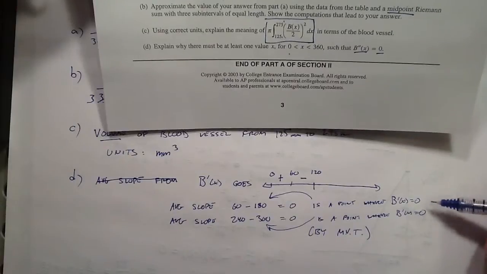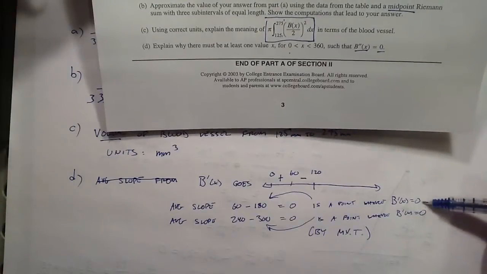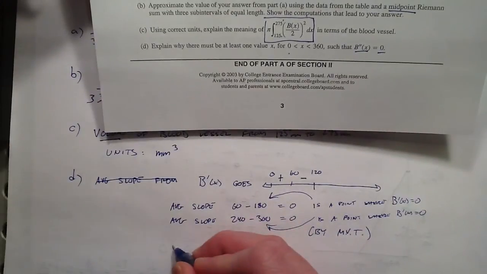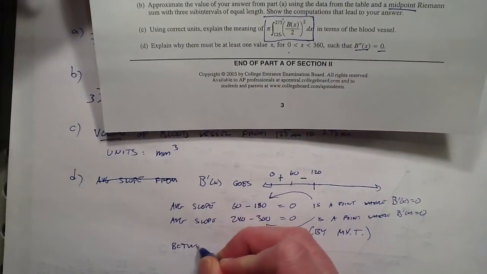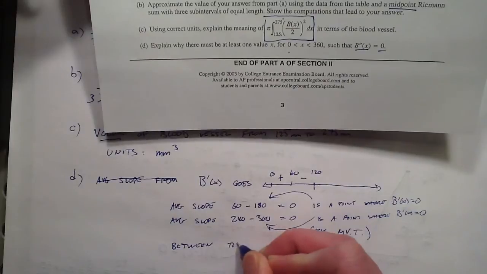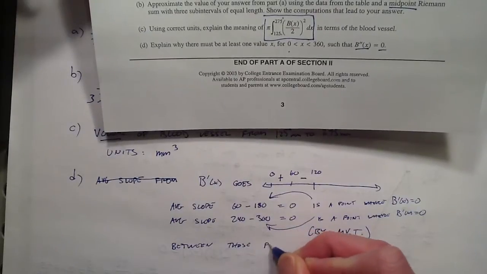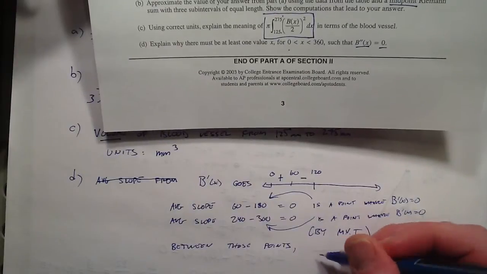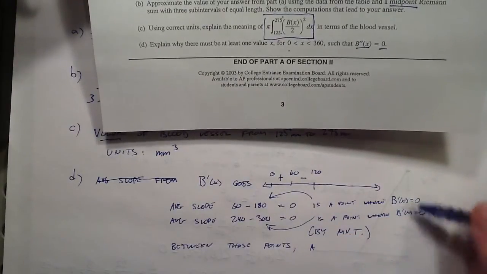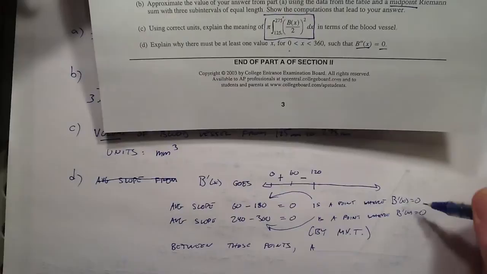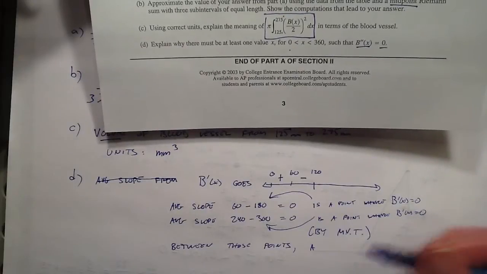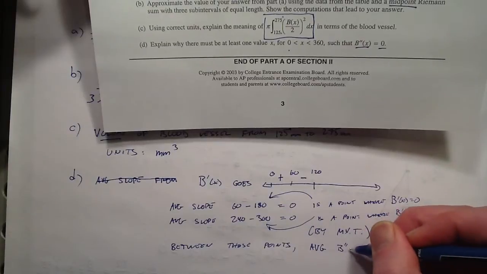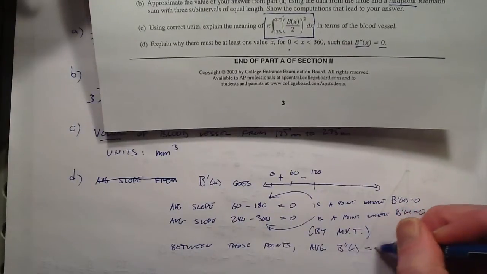And look, if there's two places where the derivative has to be 0, that means that between these 2 points, the average rate of change of the slope, in other words, if we took the slope between those 2 points on the derivative, in other words, the average of the second derivative, is 0.